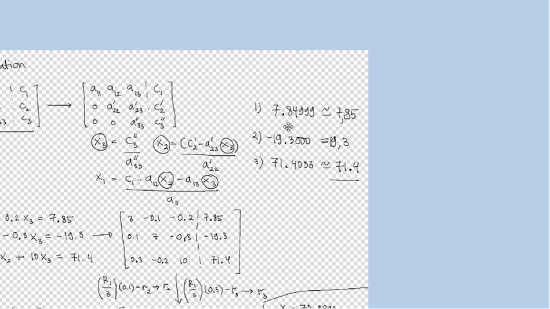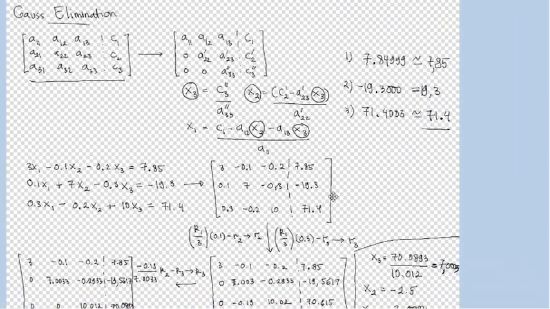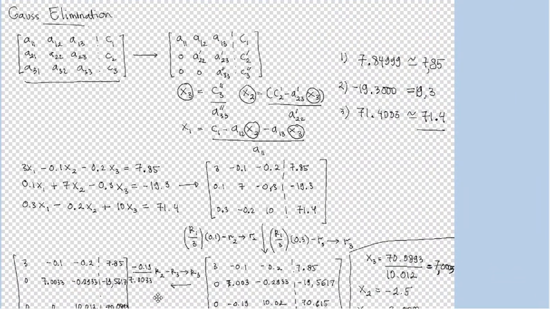Then the second equation will have an equal result, and then the third result is almost the same. So your answer is correct. And this is all about Gauss elimination, and we will discuss further the properties or the traps inside this method.